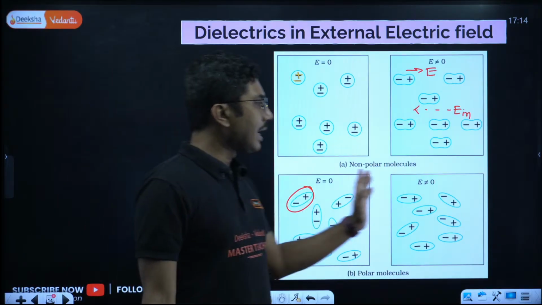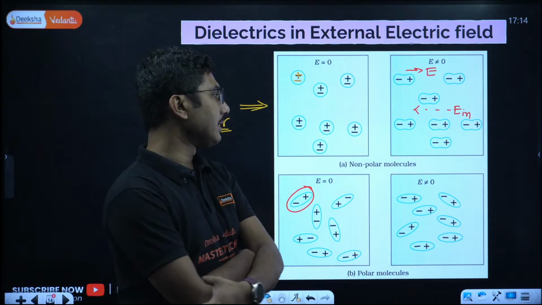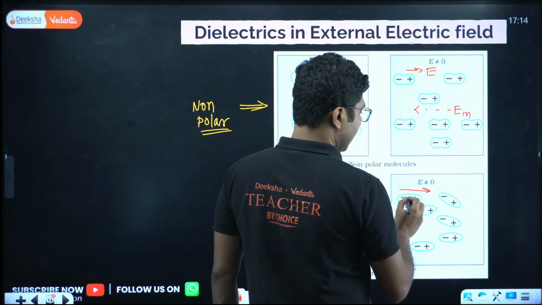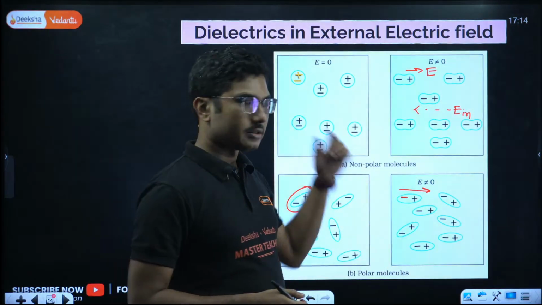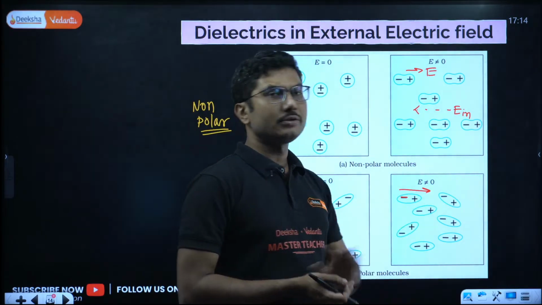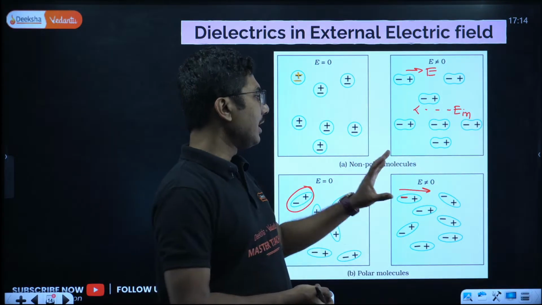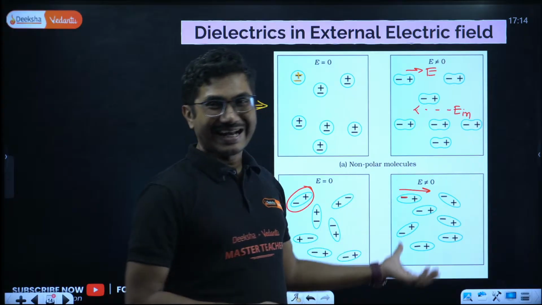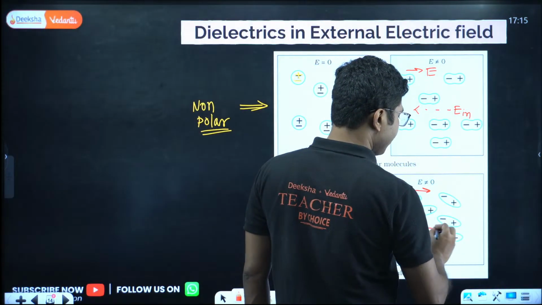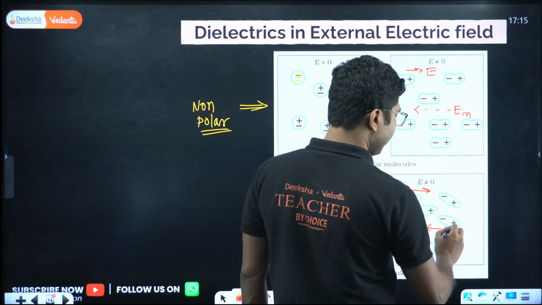But when you apply some external electric field, the electrons or the negative center move in the opposite direction of the electric field, and the positive centers move in the direction of the electric field. Now they have a net electric field. Again, not all the molecules arrange, but some of them arrange. So an internal electric field is developed here.